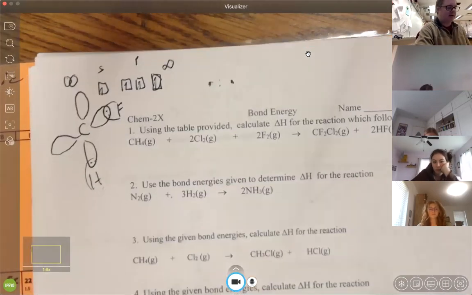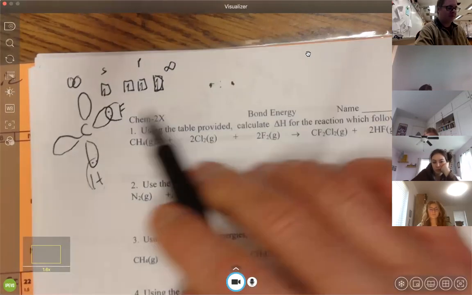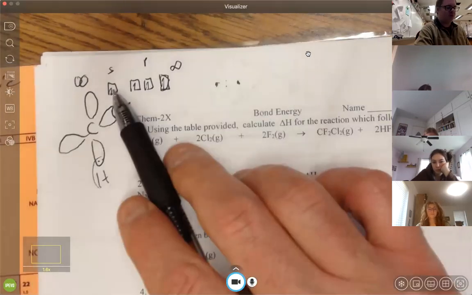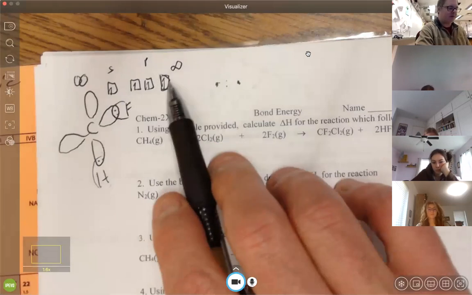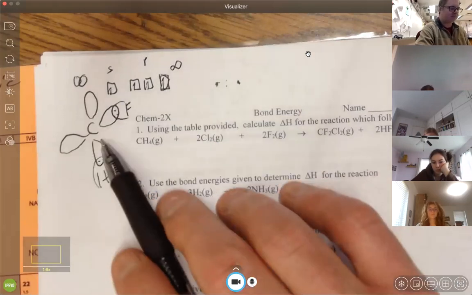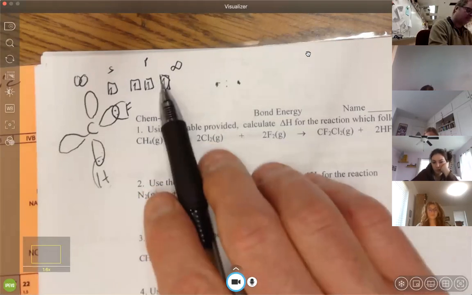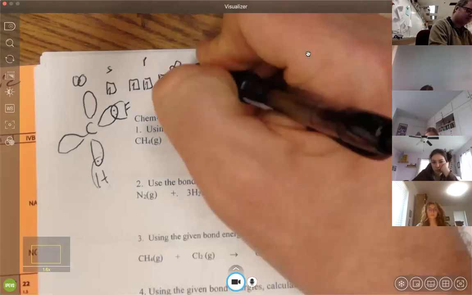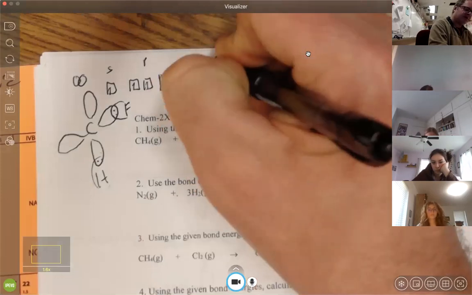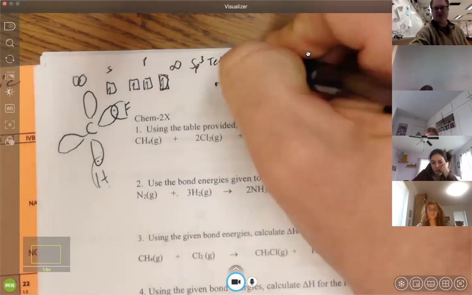You can basically count S, P1, P2, P3. If you have 4 locations for electrons to be, then it's called sp3. That's basically the tetrahedral electron arrangement. Keep in mind that that's not just the shape, that's the arrangement of the electrons.